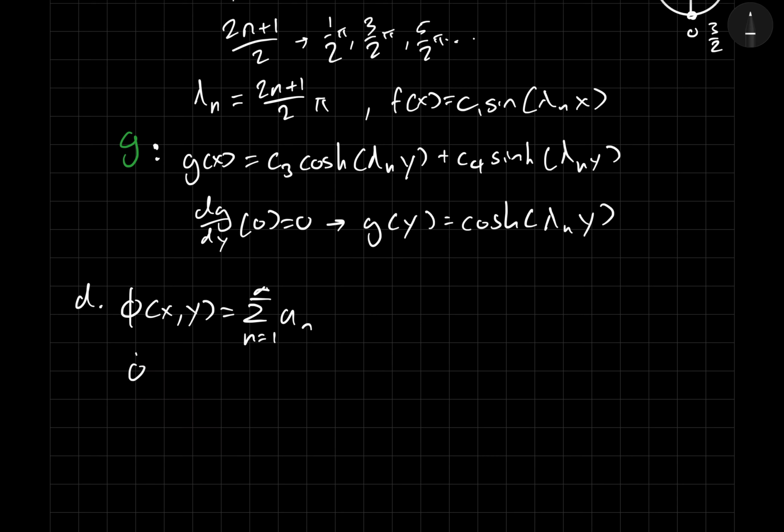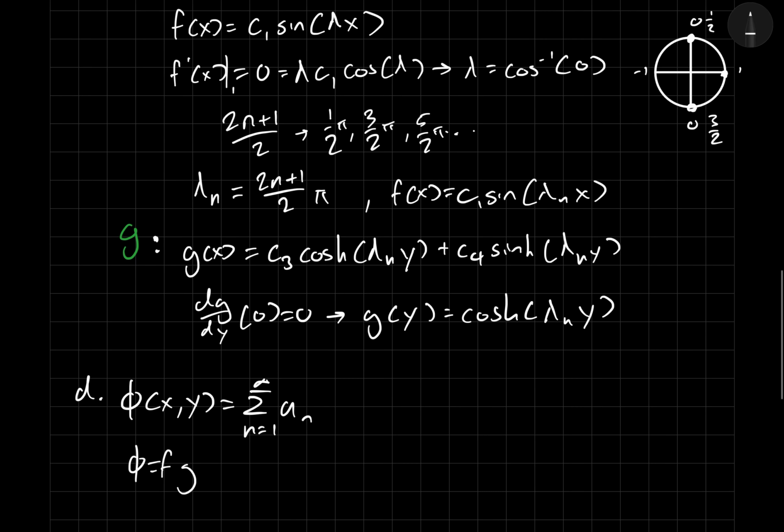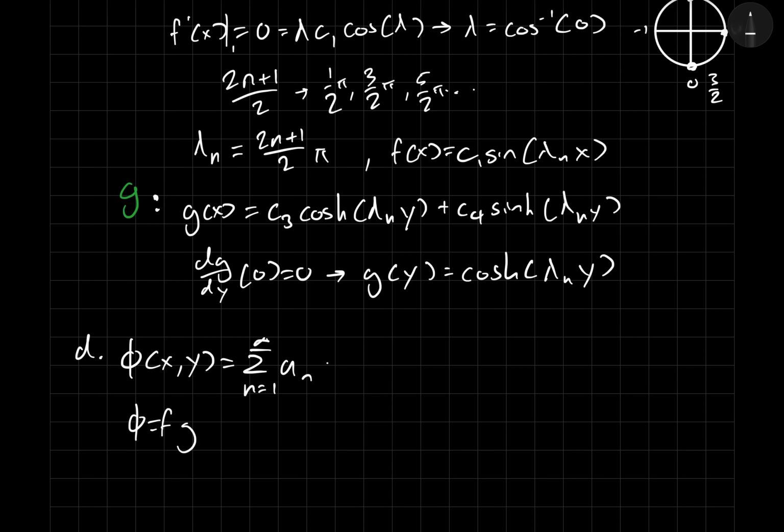And remember how we had this is going to be f times g, right? So we just simply plug in f and g here, where f is going to be c1 sine. However, c1 is a constant, A is a constant, so you don't actually even need to include the c. So let's just call this sine times g, which is going to be cosh. And that is going to be the solution.